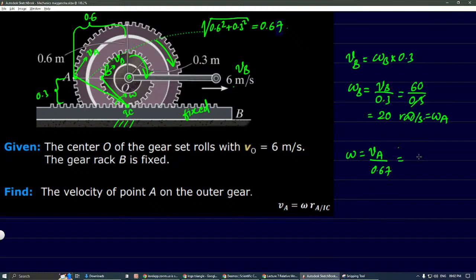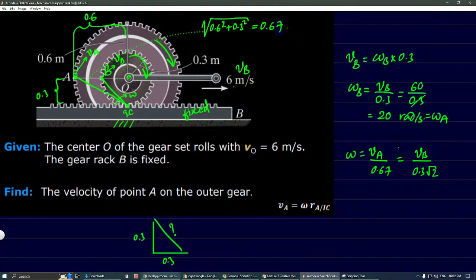And that will also be equal to velocity of B divided by this length. How much is this length? That length is 0.3 root 2, because you see this length is 0.3, and this length will also be 0.3.